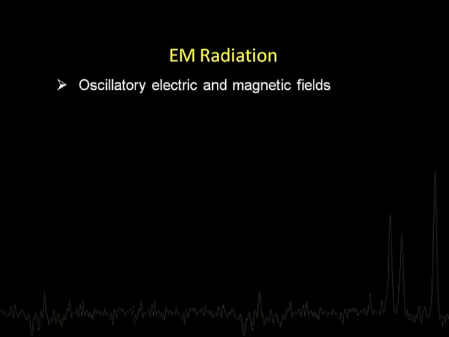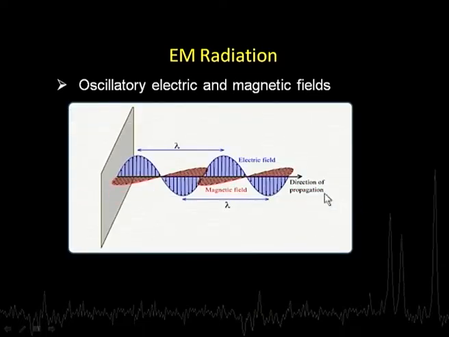And as regards how we visualize EM radiation, EM radiation can be seen basically as oscillatory electrical and magnetic fields. Let us see how it looks. Suppose we have an EM radiation which is propagating in this particular direction shown by this arrow over here. This radiation can be perceived to be made up of two oscillatory fields.